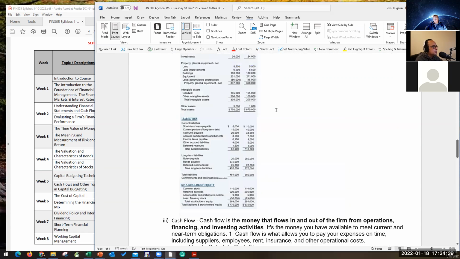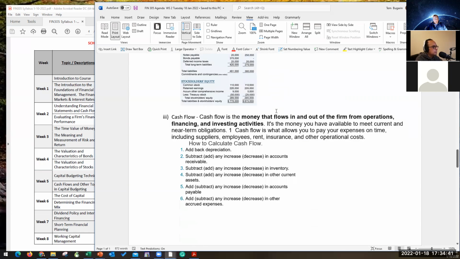So the other thing that chapter 3 talks about is cash flow. Cash flow is the money that flows in and out of the firm from operations, financing, and investing activities. It's money that the firm has available to meet current and near-term obligations. Cash flow is what allows the firm to pay its expenses on time, which means supplies, employees, the rent, insurance, and other operational costs.